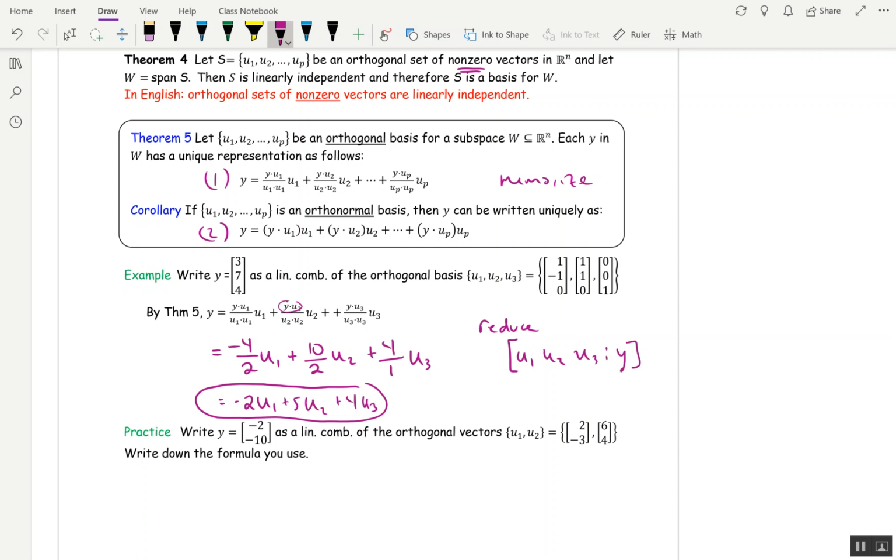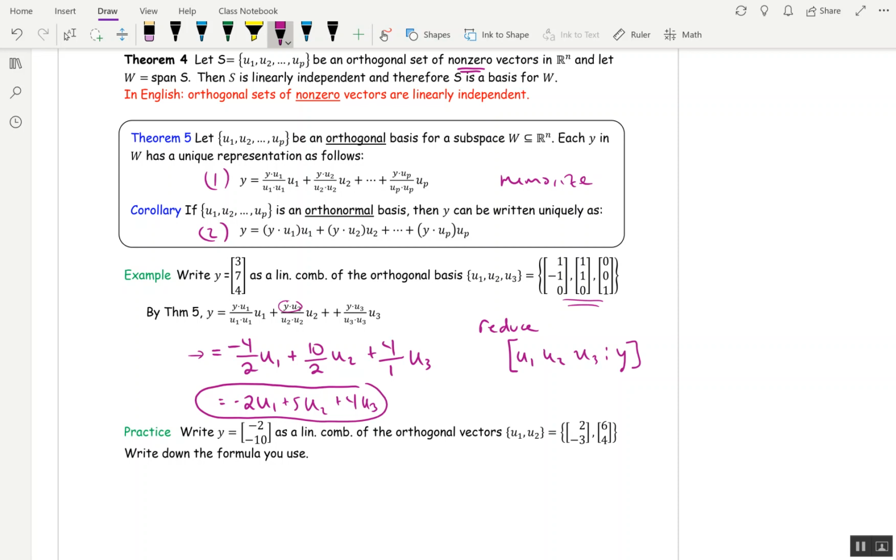And when you reduce that, you get the weights, and the weights would have come out to be negative 2, 5, and 4. And you can still do that, but this gives a much simpler way to get the answer. But it is dependent on the fact that you have to have orthogonal vectors to start with. If you don't, then you have to do it the old-fashioned way by reducing.